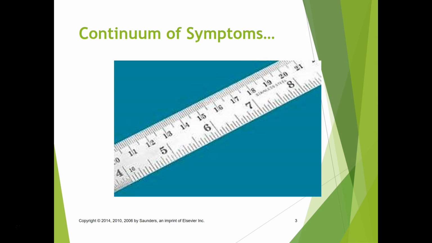People with diagnosable mental illnesses sometimes have a really hard time doing that. So it is really helpful to look at this continuum of symptoms and realize that all of us could be anywhere on this continuum for different types of issues, but that doesn't mean that we all have diagnosable illnesses.